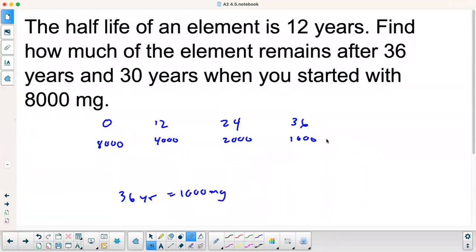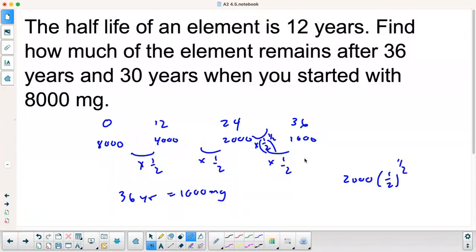And then we need 30 years. So 30 is halfway in between here. So every time I times it by 1/2, but to get halfway here, I'm going to times it by 1/2 to the 1/2. Okay, so take that 2,000, times it by 1/2 to the 1/2, because it's half of an interval to get to 30.